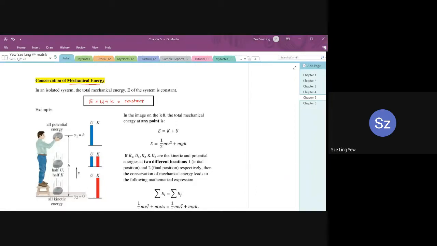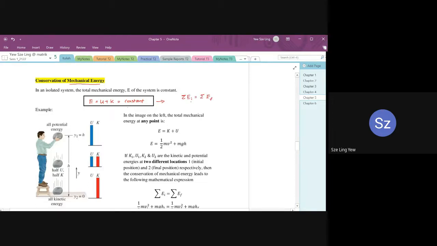From here, we can expand into a lot of different equations. For instance, the equation that we often use is the summation of E initial equals the summation of E final.